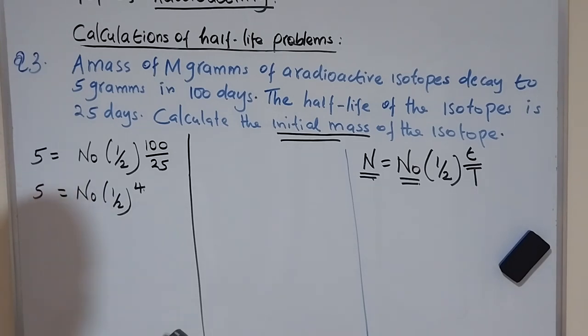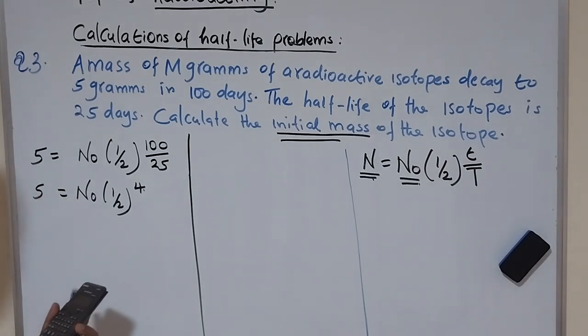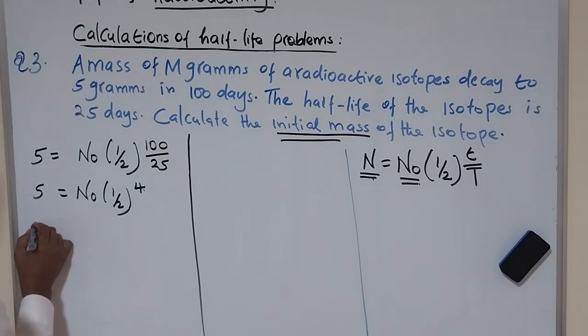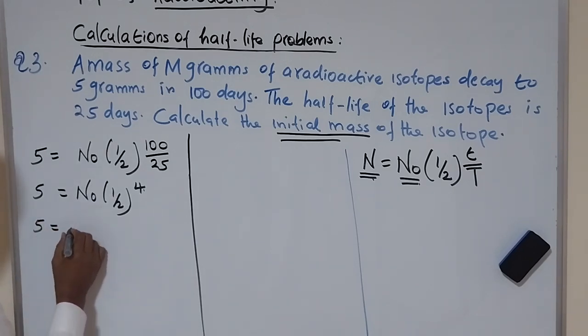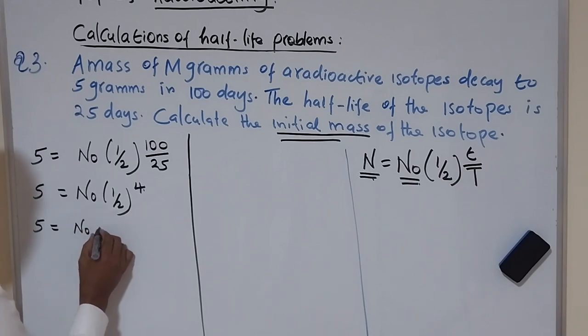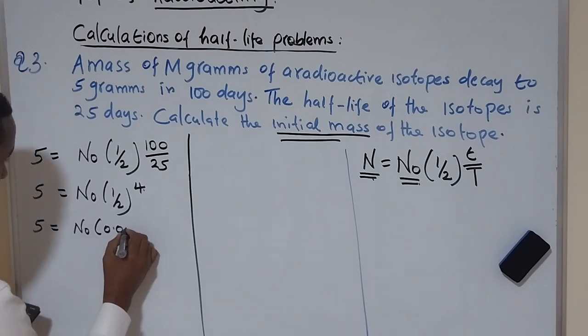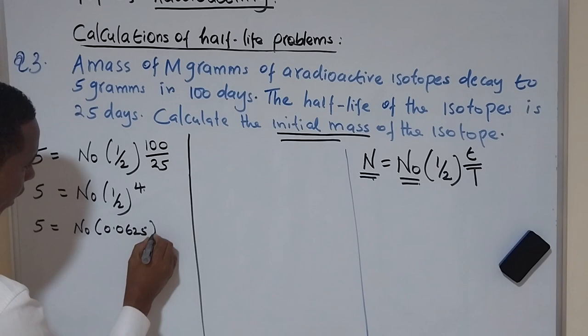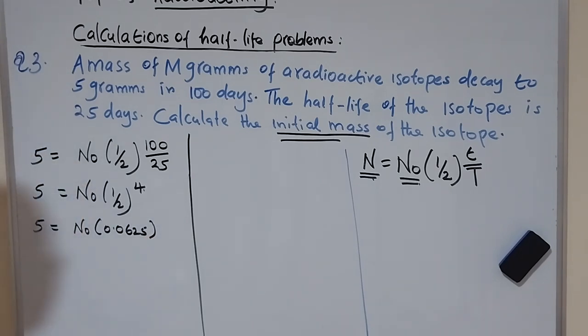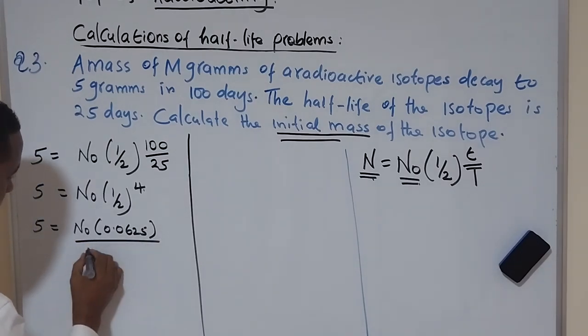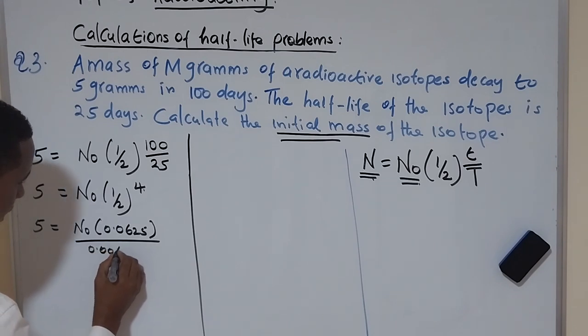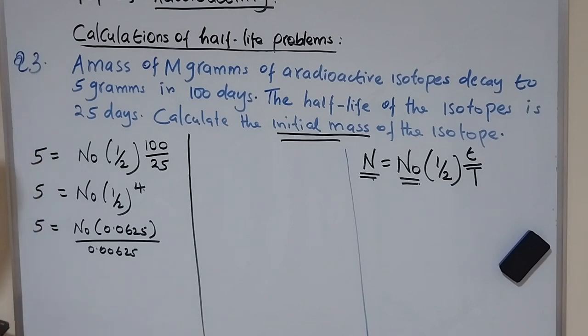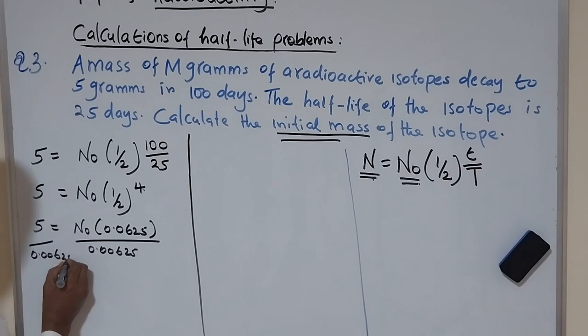That will give us 0.0625. So 5 grams is equal to N0 times 0.0625. So to get N0 now, we divide what? 0.0625 on this side, and on the other side divide 0.0625.